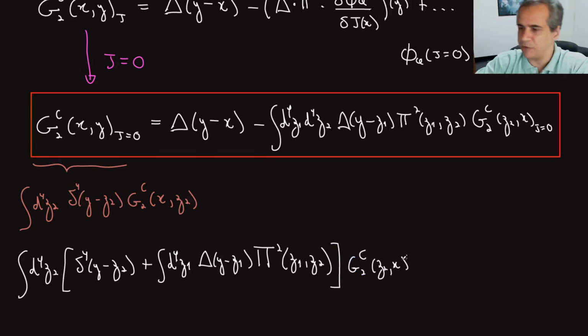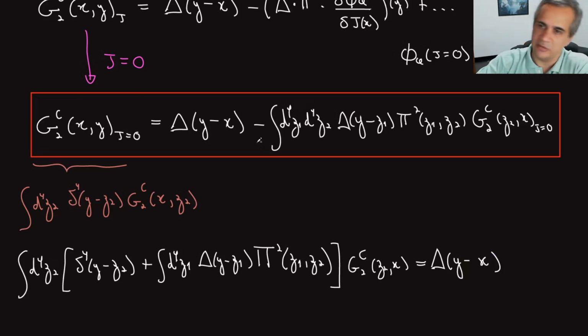These are all symmetric in the exchange, because I'm talking about a scalar field. So this is delta y minus x, which is here. I just put this to the other side and group them together.